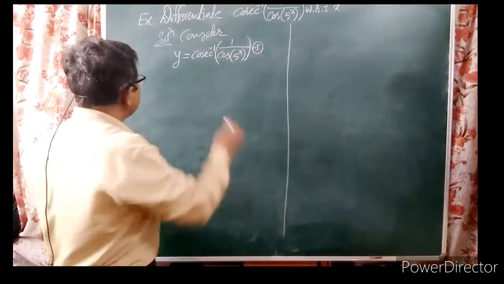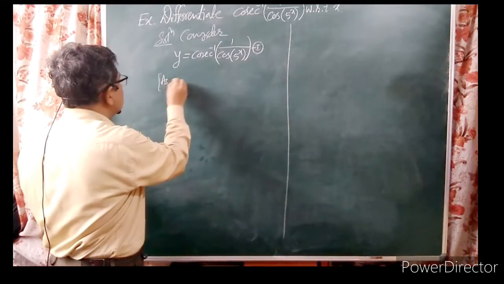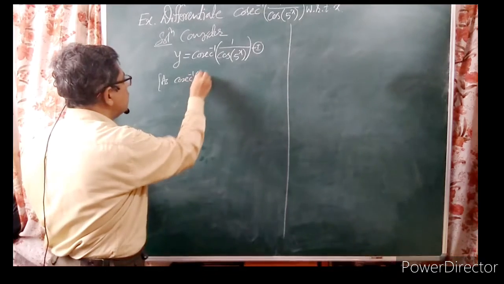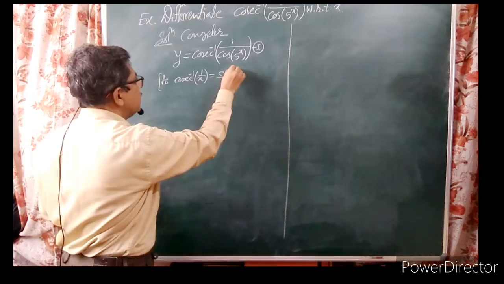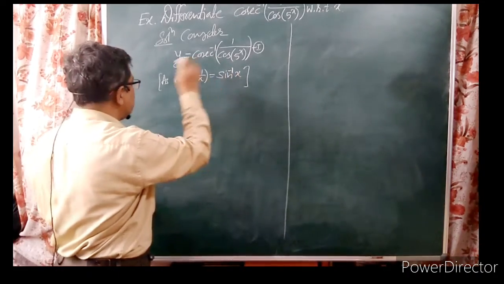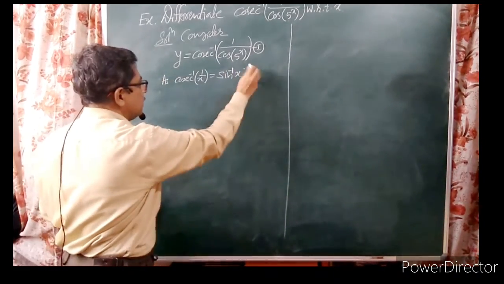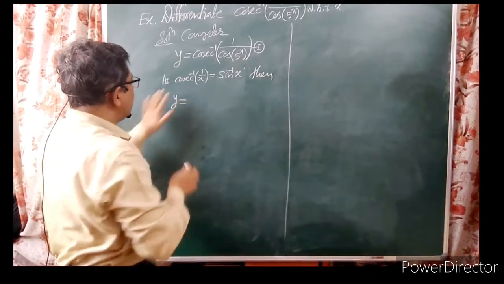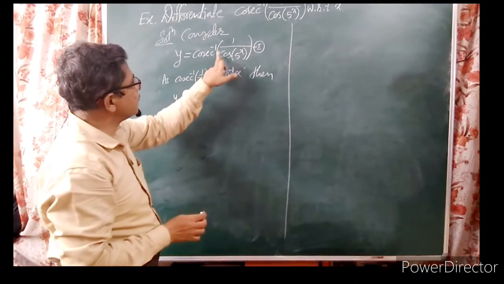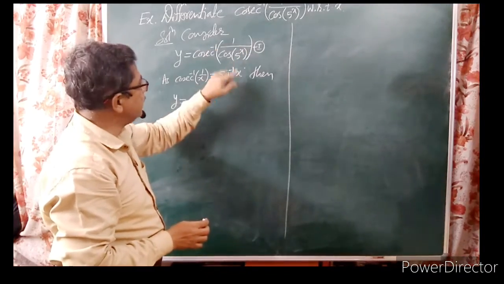Now as we have discussed, cosec inverse 1 upon x is equal to sine inverse x. You may remove the bracket. Then y can be written as cosec inverse 1 upon, instead of x we have this term, sine inverse of that term.